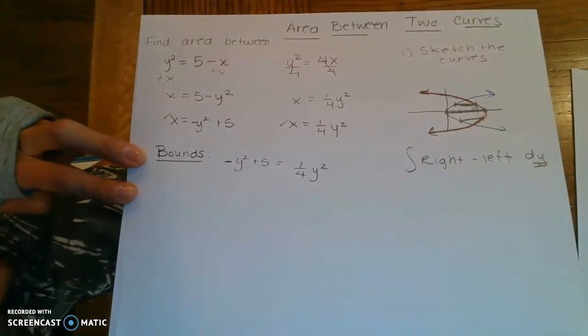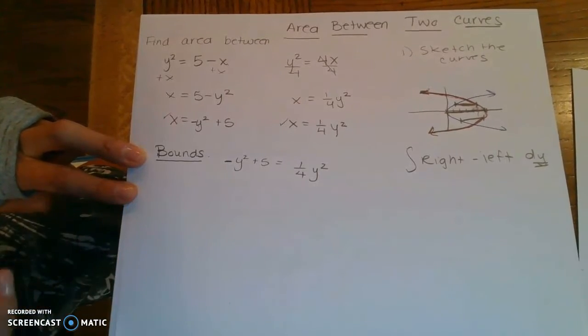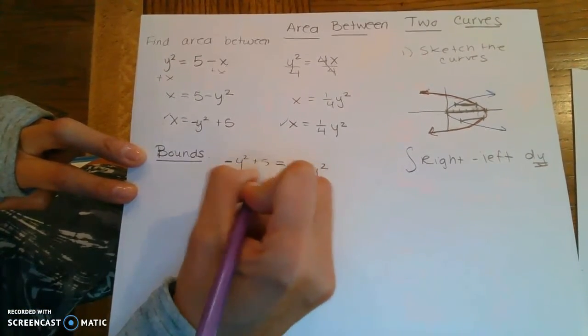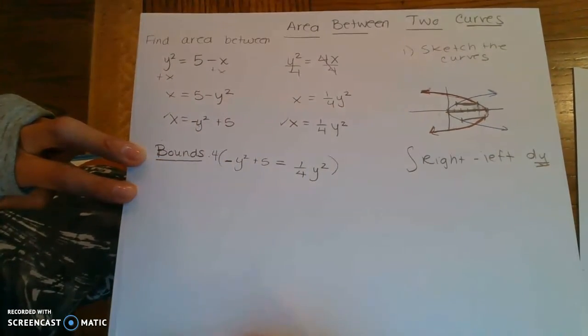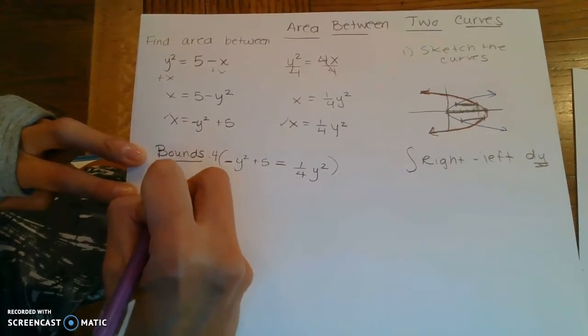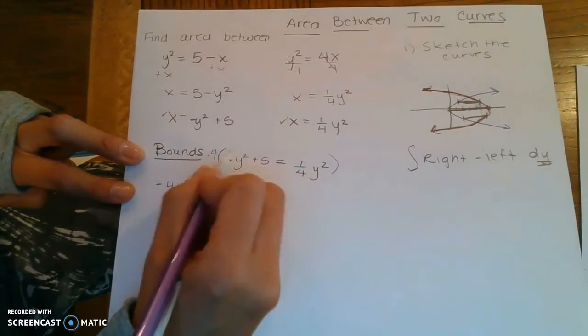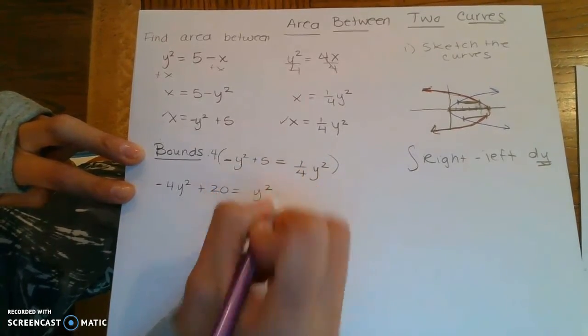I'm looking at a fraction that I definitely don't want to work with. So I know from algebra, if I have an equation, I can multiply everything by that denominator 4. And then I get negative 4y squared plus 20 is equal to, that 4 crosses out with the 4 in the denominator, and I just get y squared.